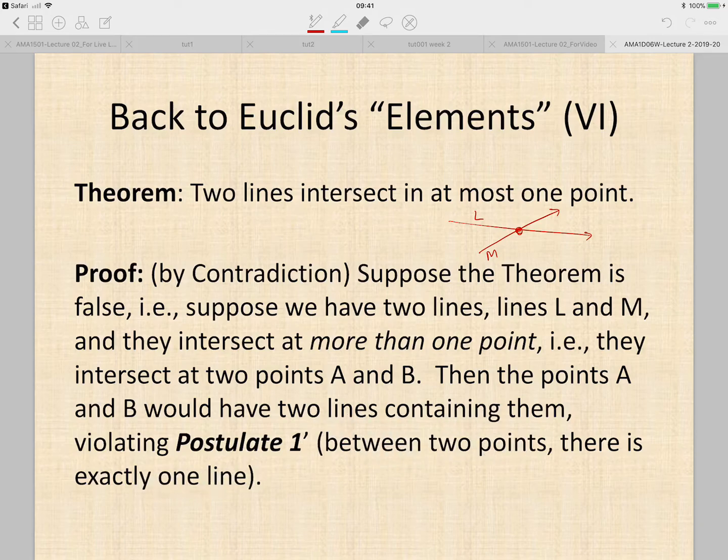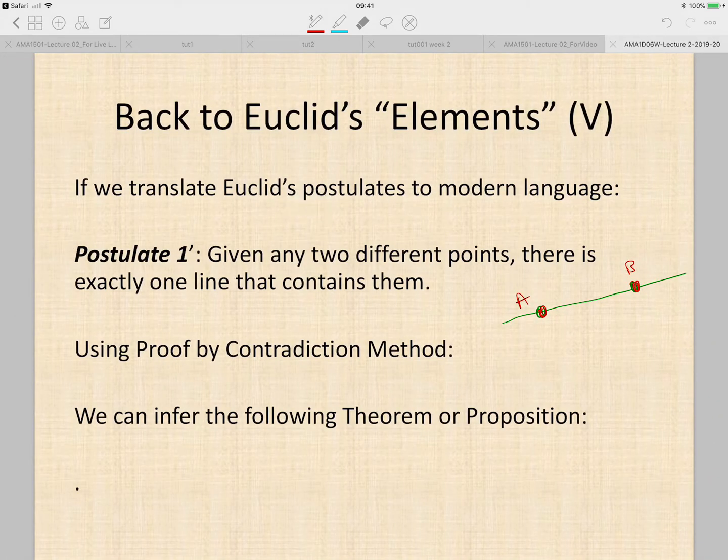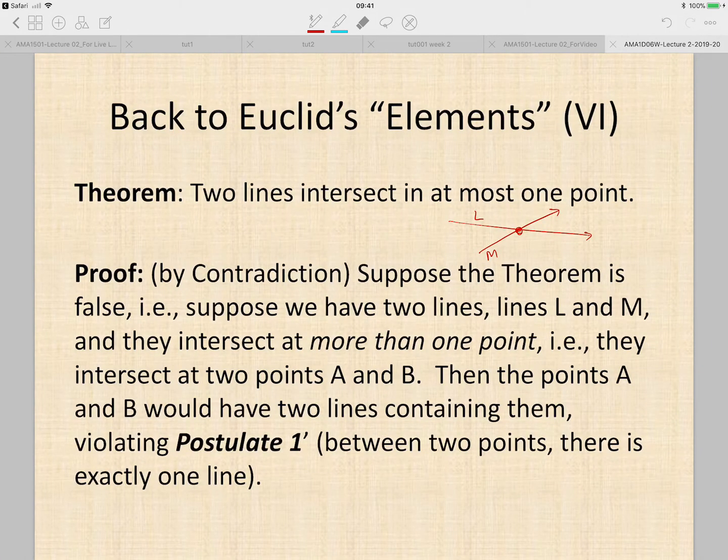Because then the points A and B would have two lines containing them, which violates this postulate that there's only one line containing 2 points. So the original assumption that the two lines intersect at more than one point must be wrong, because you derive this contradiction here. This is a contradiction.